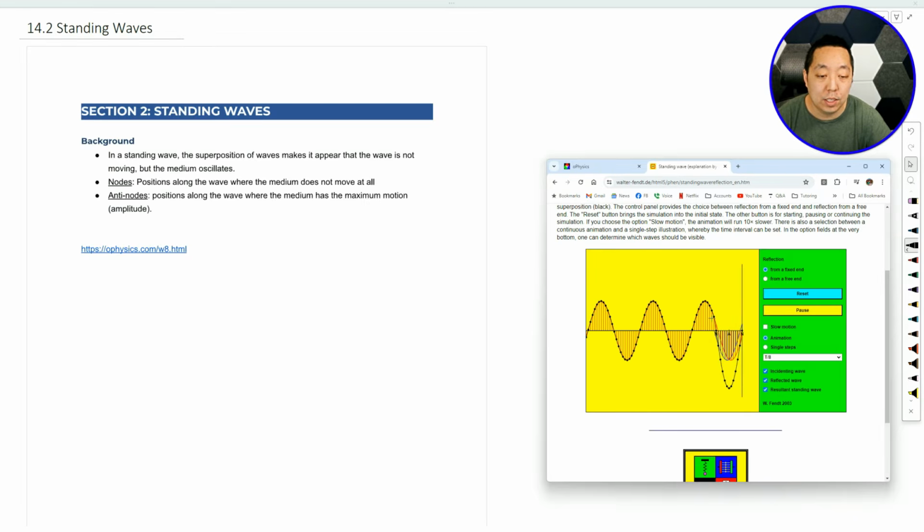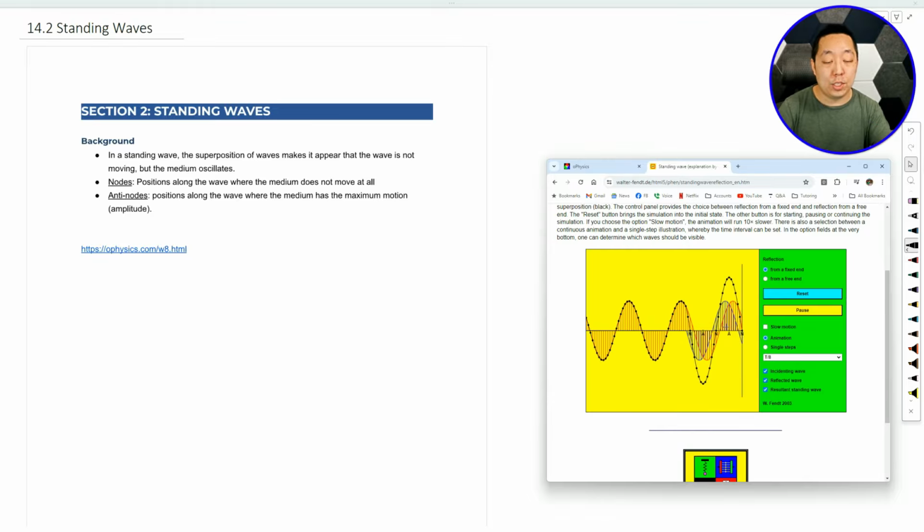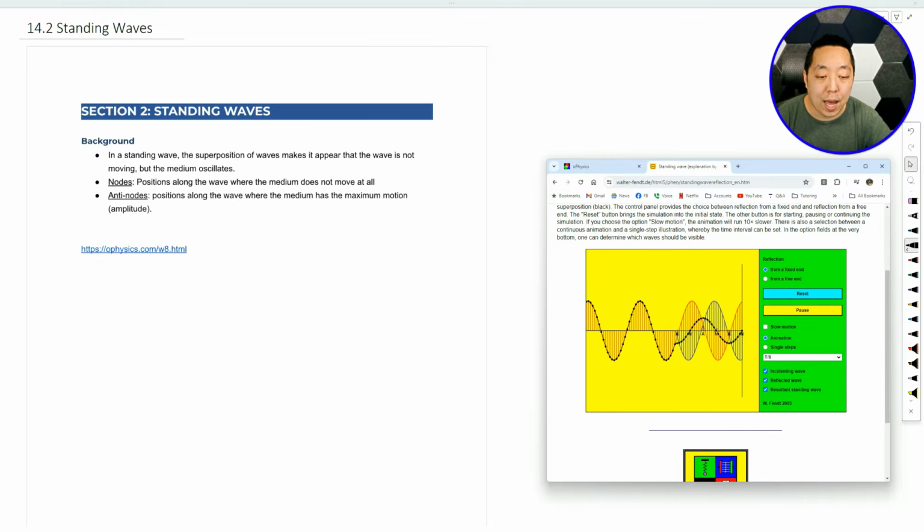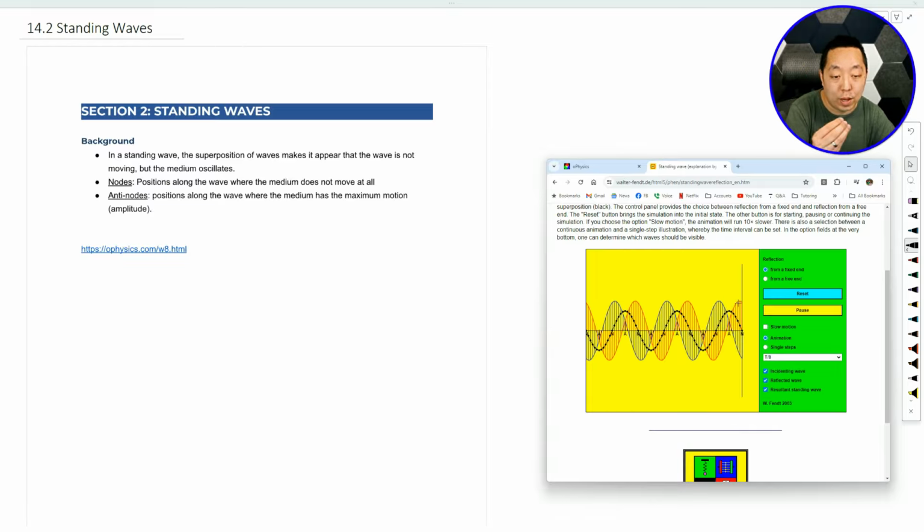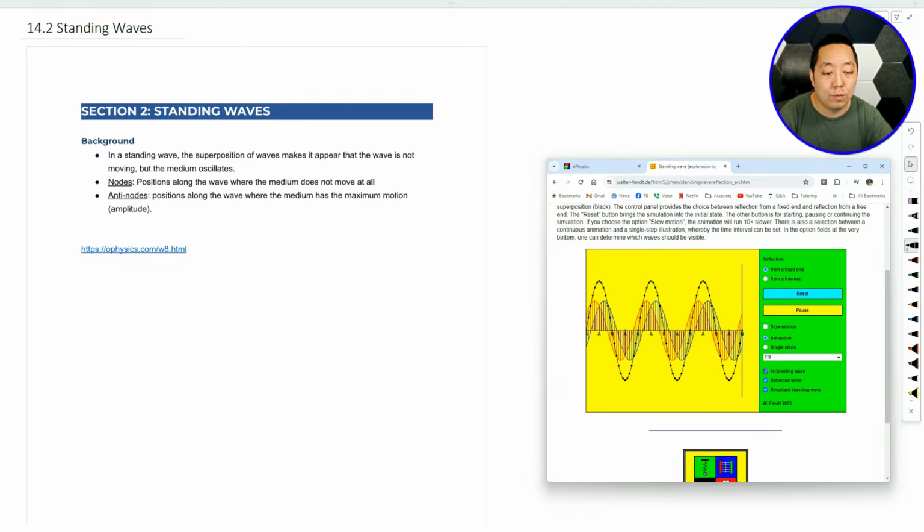And so now we have two waves, and just like we did superposition in the previous lesson, when the blue and the red overlap, they're adding together. If you don't look at the two waves, what you see is this up and down, this standing wave. The reason you're seeing that is because the reflection hasn't made it all the way through, but you can see there's two waves coming in: an incident wave traveling, and then the reflected wave.